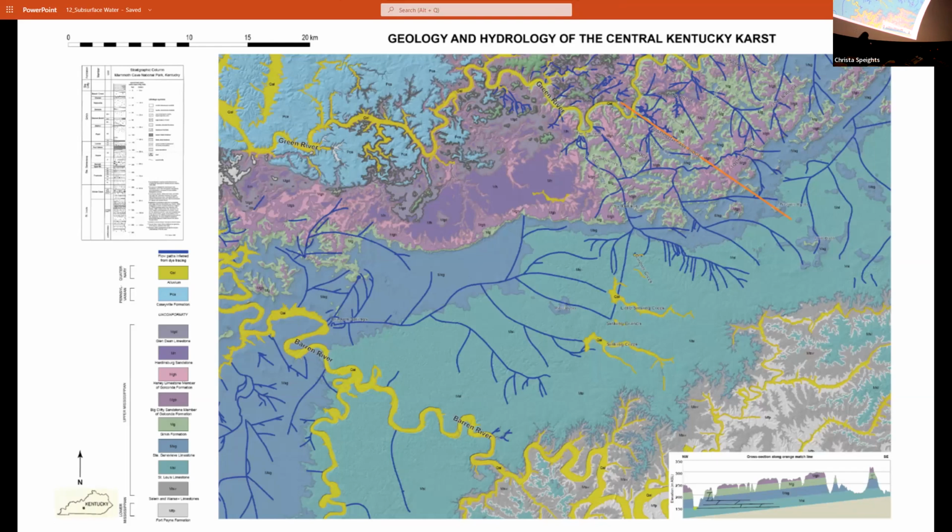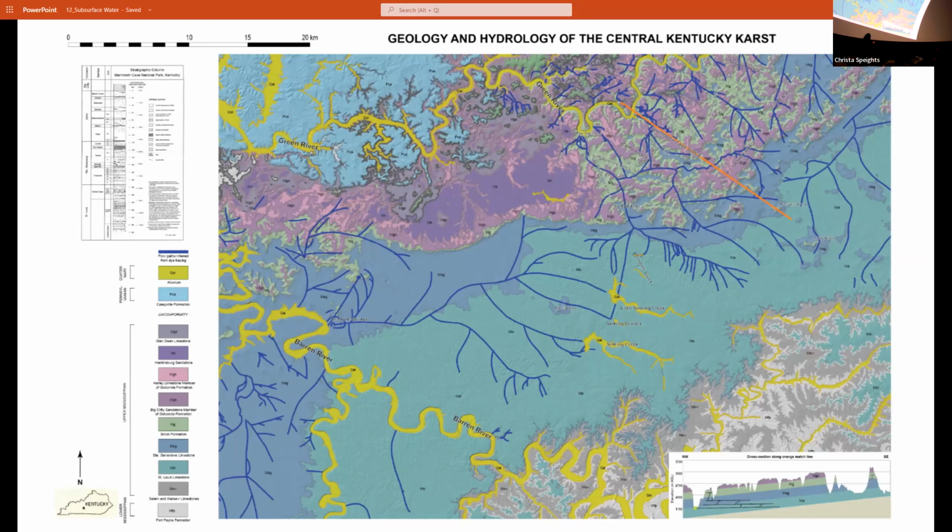So we'll start down here in this little cross section, and this cross section matches up with the orange line that's here. So this knob sticking up matches with this knob here. And the passages inside of Mammoth Cave are all beneath these ridges.